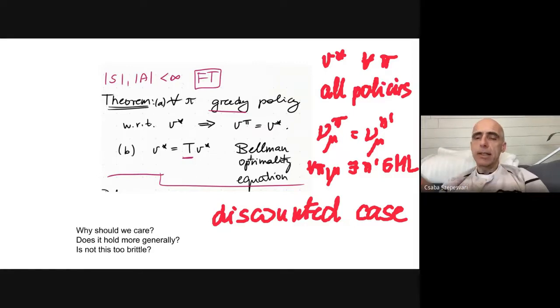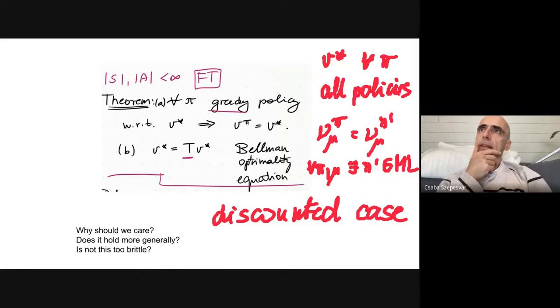That setting makes a lot of sense if you put these additional restrictions. For example, one restriction would be that all policies are proper. That means that from every state, they can reach the goal state with positive probability, and all the costs are non-negative.